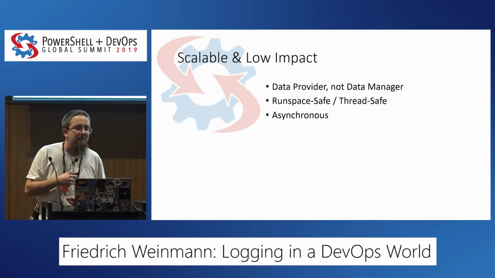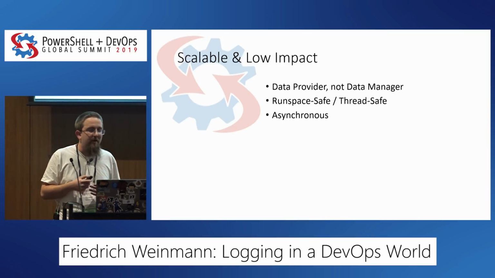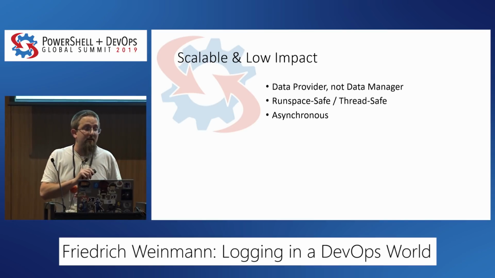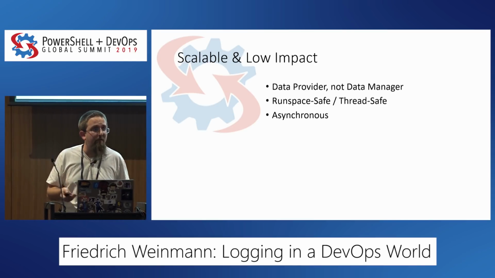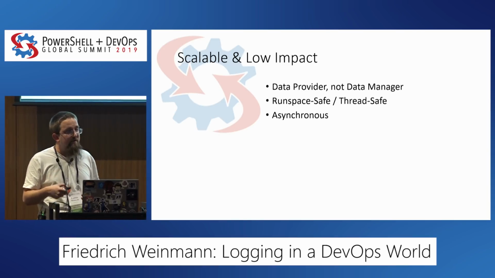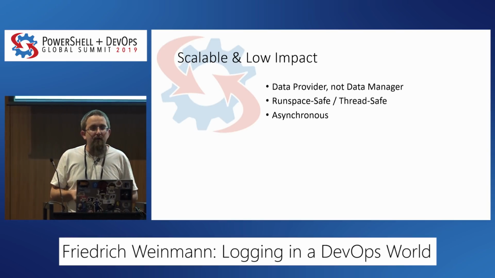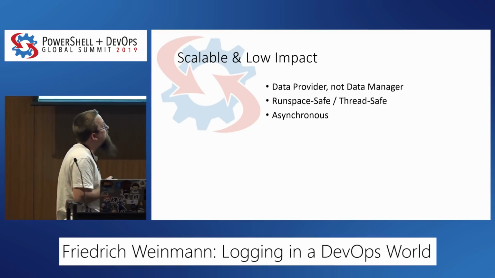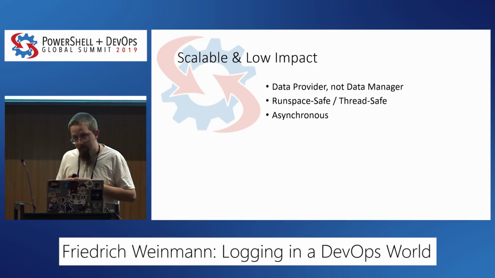And it's asynchronous. Asynchronous was one of the most important features for me, because that means write latency, like write to network share, write to service, does not slow down my main script. If I do synchronous logging, and I need to wait 2 seconds for the logging system to answer, let's just say your script performance will slightly suffer.